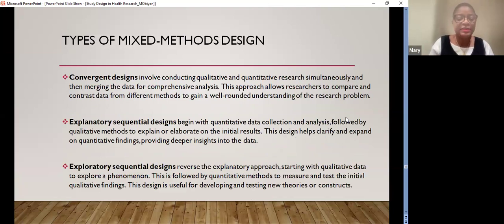Types of mixed method design. We have convergent design. We have explanatory sequential design. We have exploratory. Convergent design talks about qualitative and quantitative research taking place at the same time. So in the morning, we distributed questionnaires. Then as you're asking the question, I'm asking, oh, doc, please, are you available between 11 and 1 p.m.? Why? Please, we just want to ask some medical doctors a few questions.